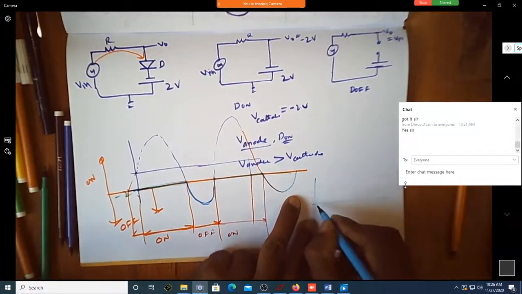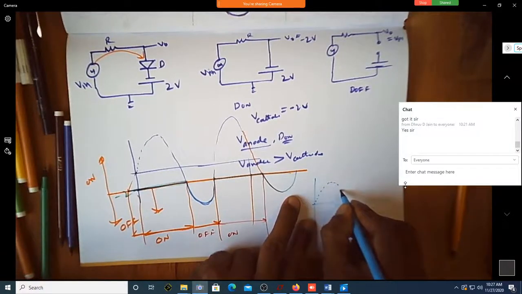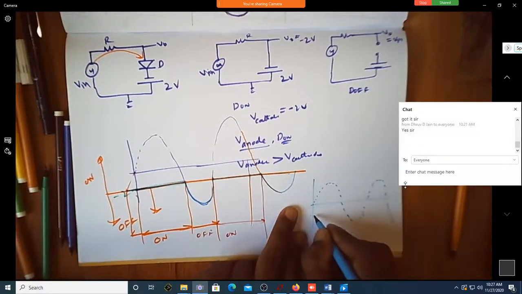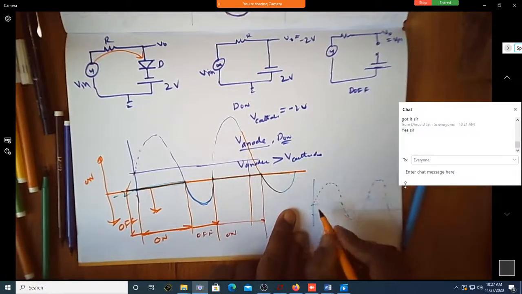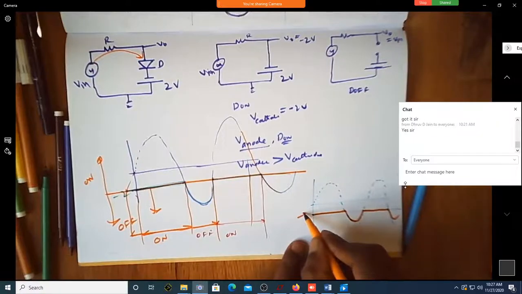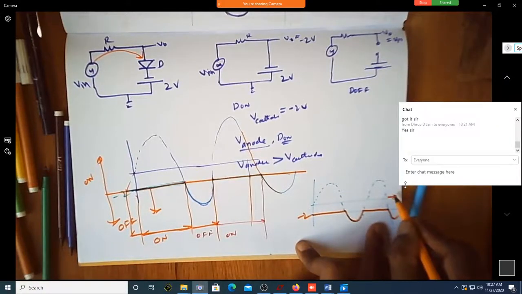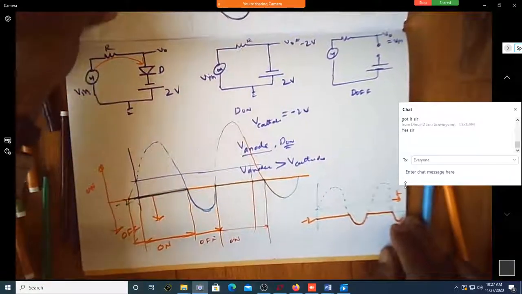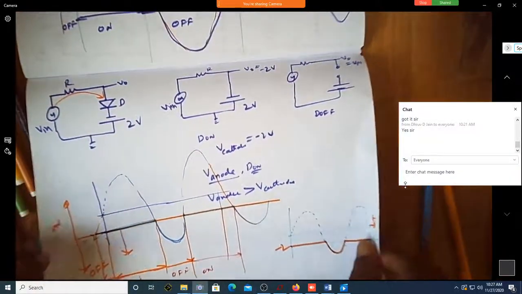Suppose if I rewrite this, for till -2 volt, is it something like this? Correct? This is -2 volt, this is T. Fine? Okay. We'll move on to the next one.